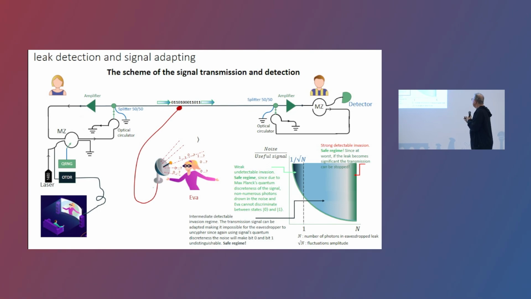If the intercepted signal is small, we can decrease it to the degree that only a couple of photons are intercepted by Eve. And if it's only a couple of photons, then quantum fluctuations become enormous and completely bury the information transmitted by these photons. So this is our approach.